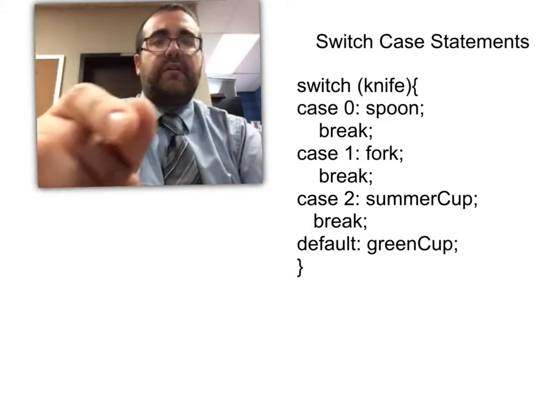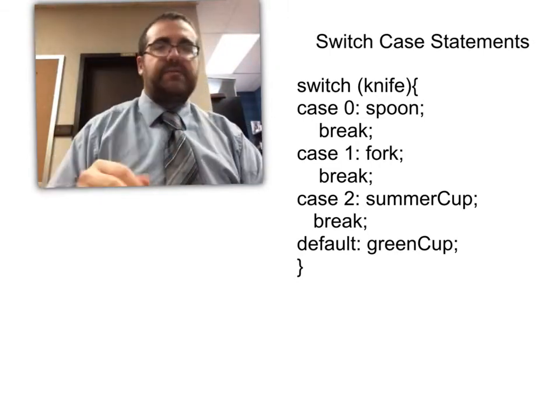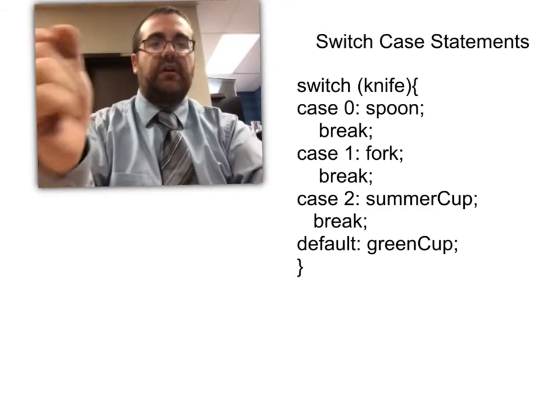So I'm going to do another example here in a second that uses numbers, but I thought maybe it'd be easier to start off using objects. Here's another real simple example of a switch case statement that we can use. We're going to have the user, for example, enter in a number and have it tell us what letter of the alphabet it is. So I'm just going to do a couple steps to it.